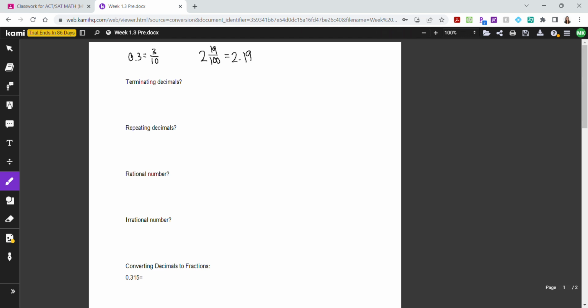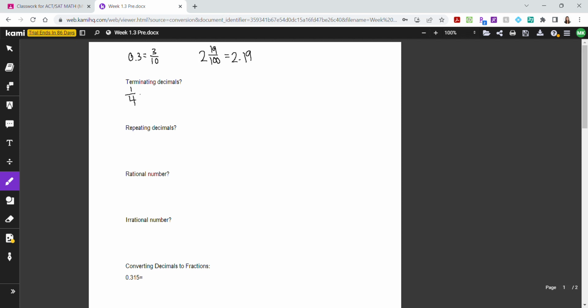And now to get into specifics, what is a terminating decimal? A terminating decimal is a decimal that has an endpoint, right? So if you look at this example, take the fraction 1 over 4.